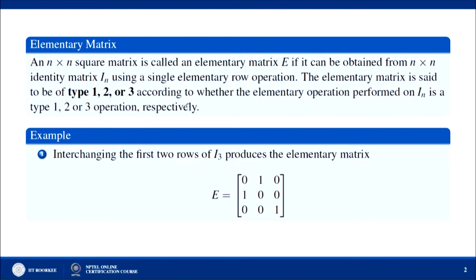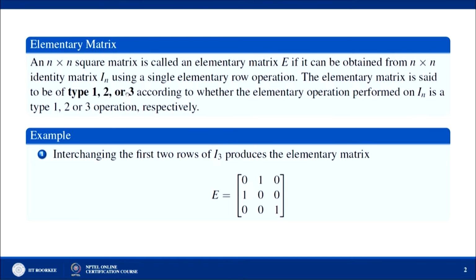If we apply the first operation on the identity matrix, we say it is an elementary matrix of type 1, similarly type 2 and type 3. For example, interchanging the first two rows of I 3 produces this elementary matrix. You see, if you take the identity matrix and interchange the first two rows, this matrix is obtained, and we call it an elementary matrix.